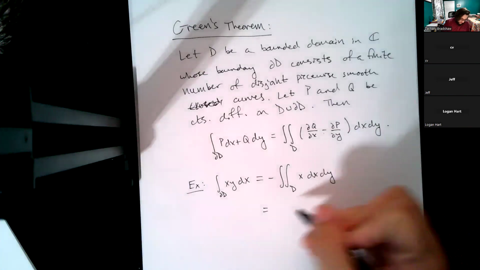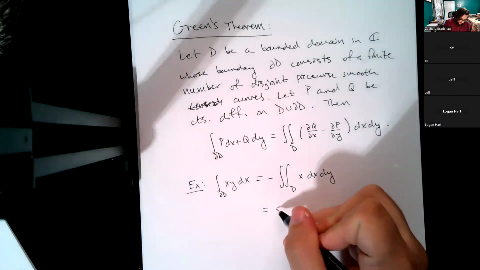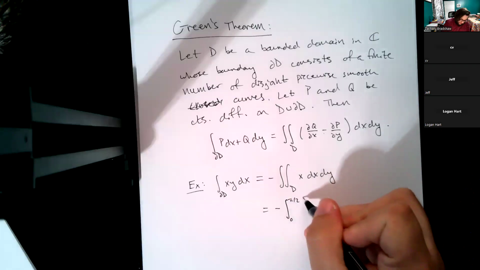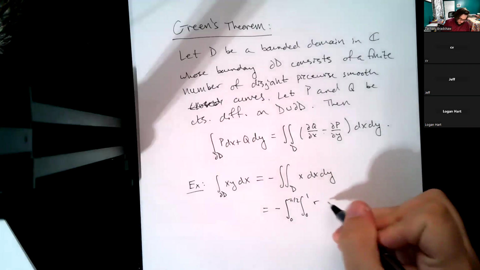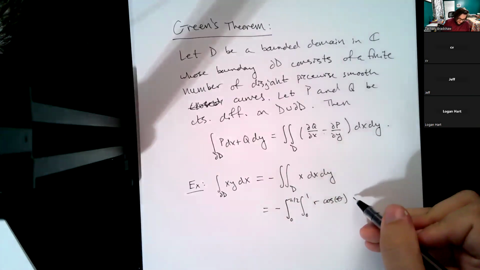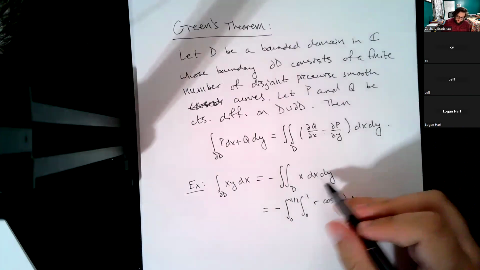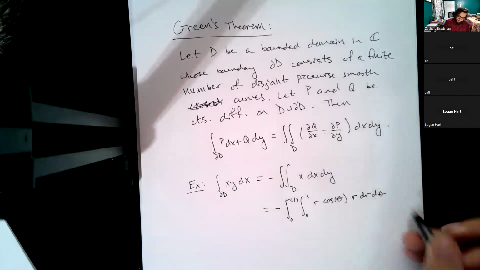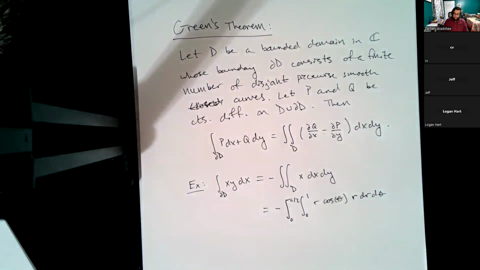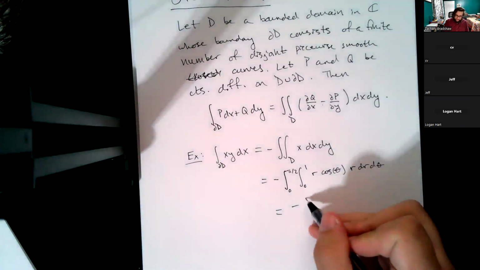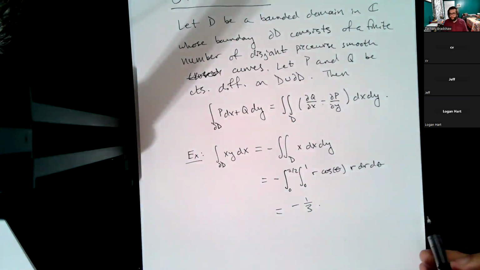And then we parameterize again, we get this as minus the integral from 0 to pi over 2, integral from 0 to 1 of r cosine theta, that's what x is. dx dy, our differential, becomes r dr d theta. And so we compute this integral, and what we'll find is that this is minus 1/3 again.